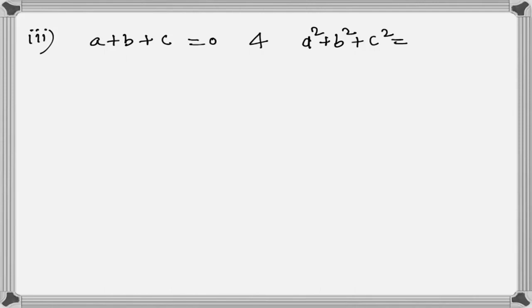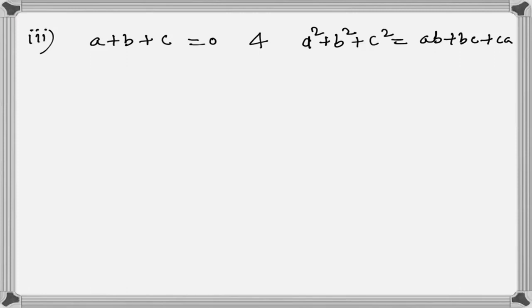Okay, alright, so let's go to the third part. We have a plus b plus c is 0 and a square plus b square plus c square is equal to ab plus bc plus ca. So these are the two conditions.